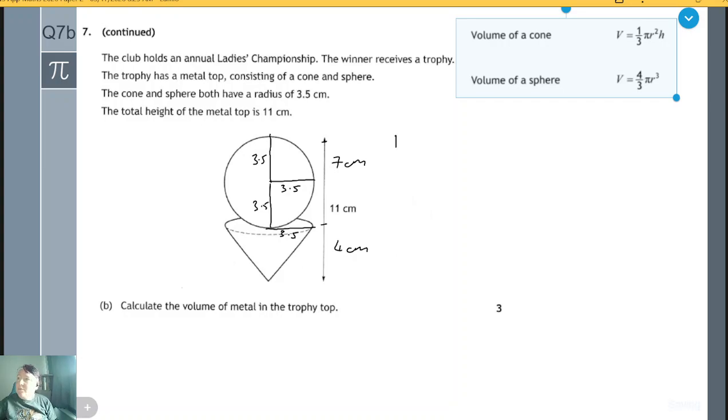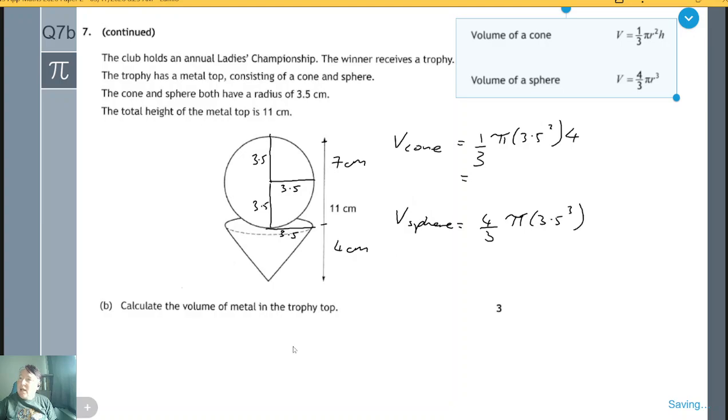So volume of a cone is 1/3 pi 3.5 squared times the height of the cone, which is 4, and volume of the sphere is 4/3 pi times 3.5 cubed, and the total volume is the combined of both.